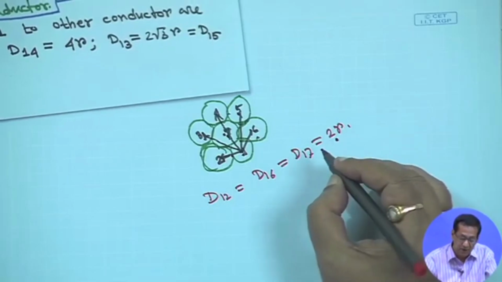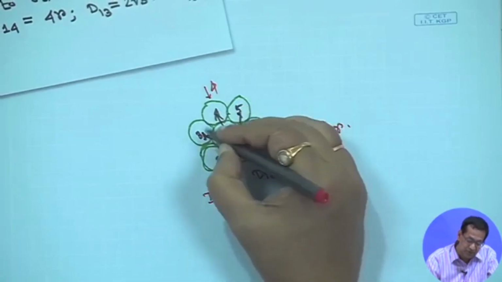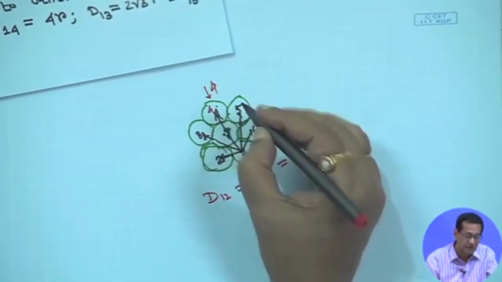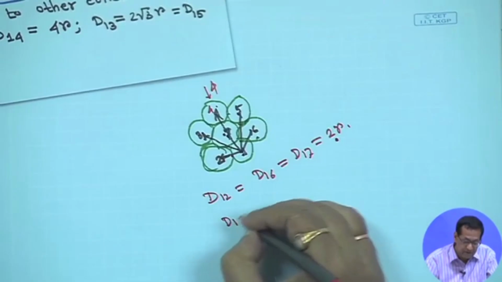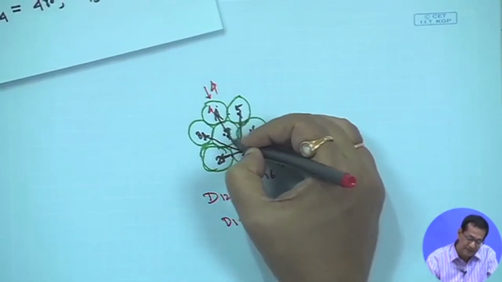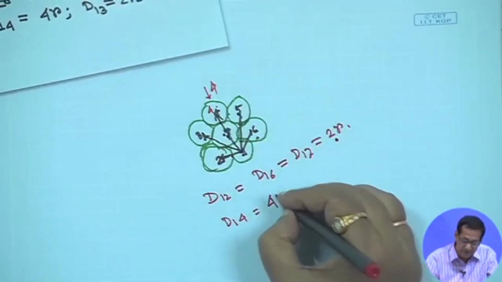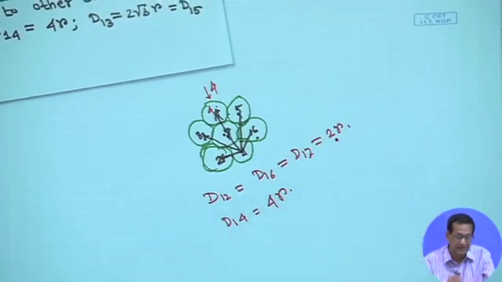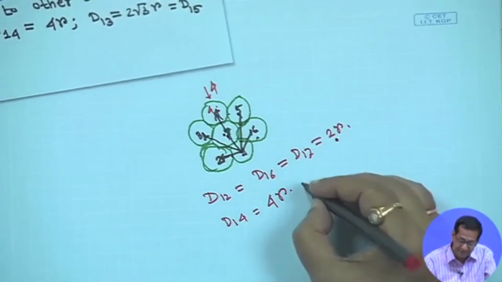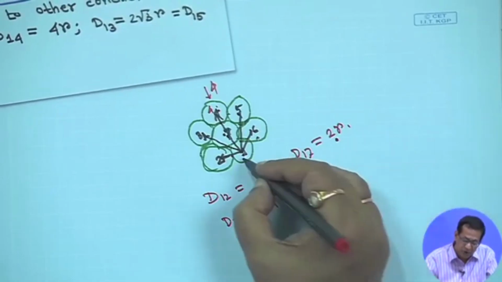Then D14. This is conductor 4, counting 1, 2, 3, 4. So D14 is equal to 4r, because from here to here is r, the diameter is 2r, and again from here to here is r. Altogether D14 is equal to 4r. Now D13, that is 1 to 3.